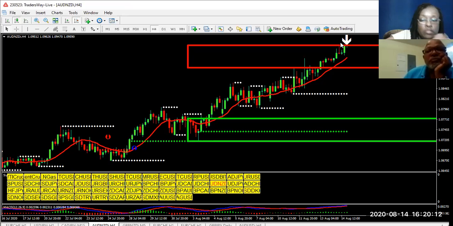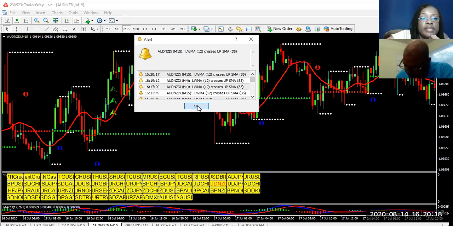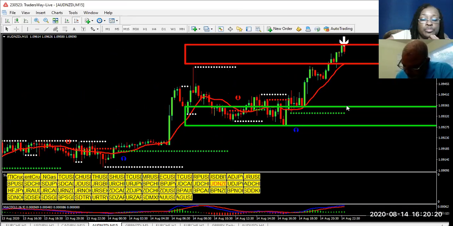After that, you drop down to the 15. That's all you're doing. You're looking for the exact same thing on the other time frames. The big arrow needs to be the same direction, and price needs to be in the zone.